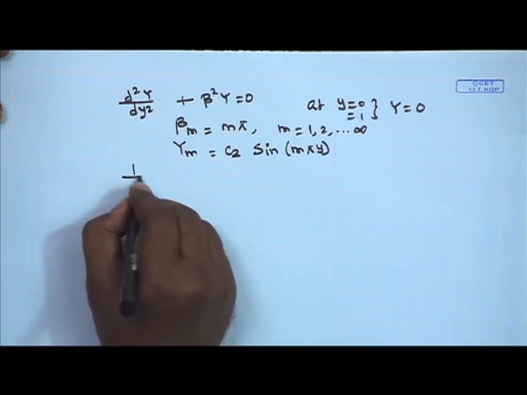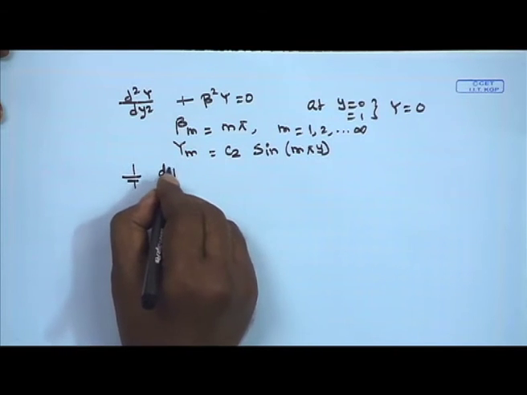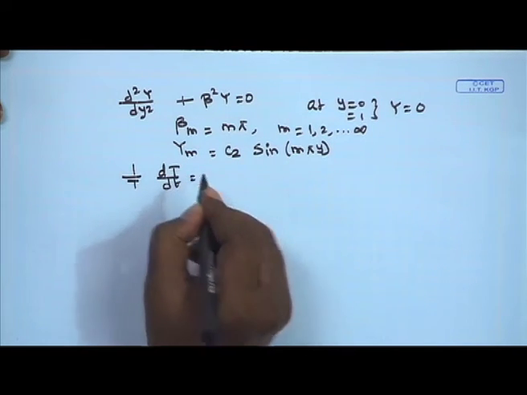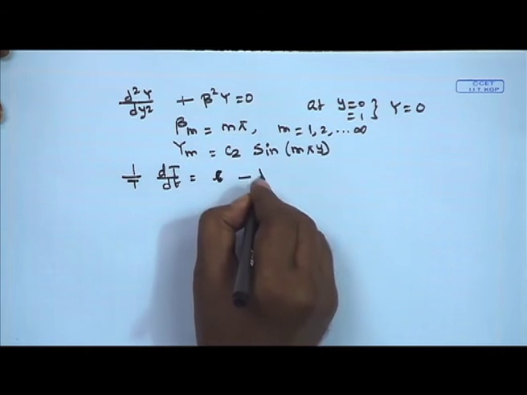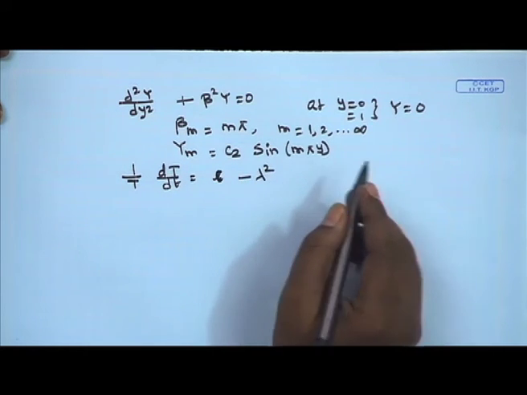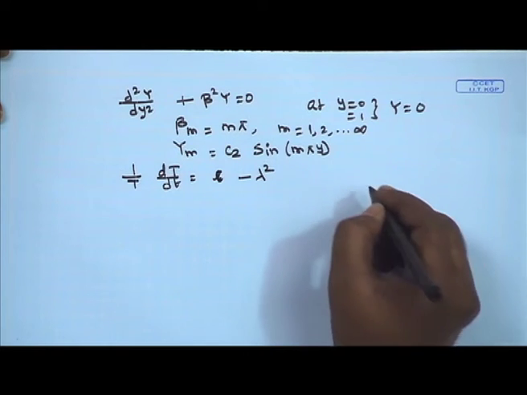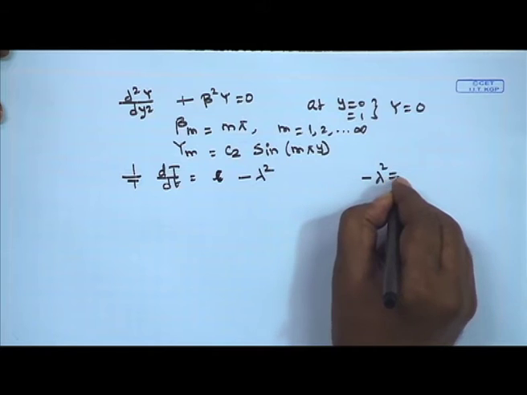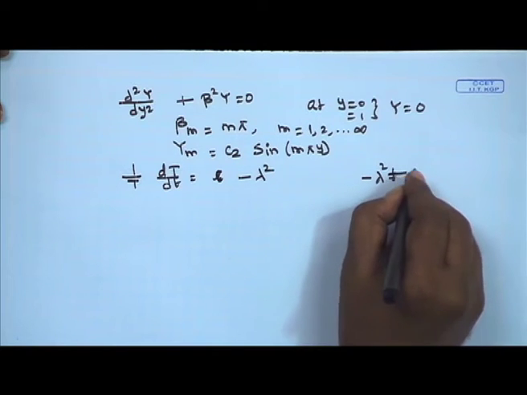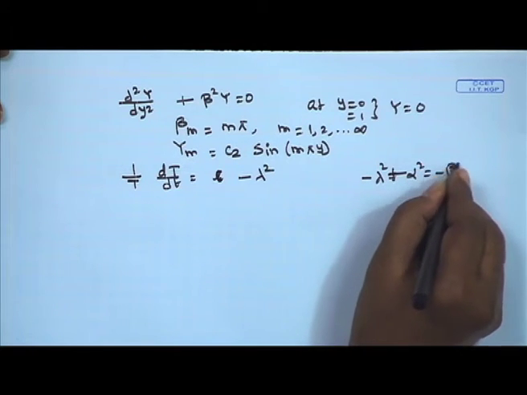If you remember, the time varying part was 1 over T dT dt is equal to minus lambda square, and let us look into the definition of lambda: minus lambda square is equal to plus alpha square, is equal to minus beta square.